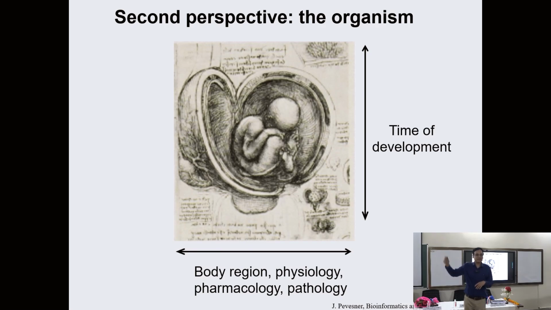As an individual is growing, some genes are differentially expressing, and this is called differential gene expression. It is very important to understand differential gene expression because that helps in understanding the organism as a whole, not parts, but as a whole.